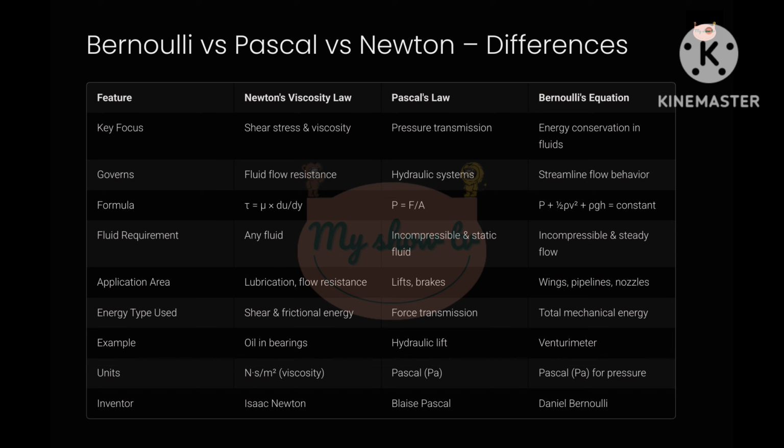Newton's viscosity uses N·s per square meter. Pascal's and Bernoulli's use Pascal, Pa, for pressure. 9. Inventors. Isaac Newton for viscosity, Blaise Pascal for hydraulic pressure, and Daniel Bernoulli for flow energy conservation. This comparison helps students see where each law applies and how they differ in concepts and applications.